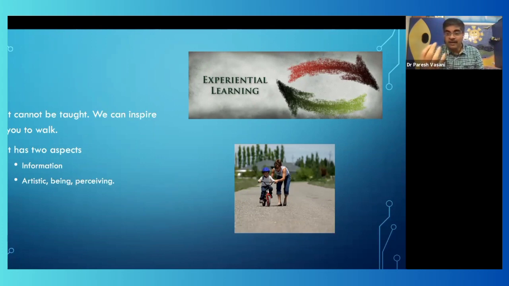Because every case is going to be different. It's not going to be the same repetition. So we can show you the milestones, we can guide you, we can show you the path, but ultimately it's you who will have to grasp it. A deeper knowing should be there, and do it yourself.